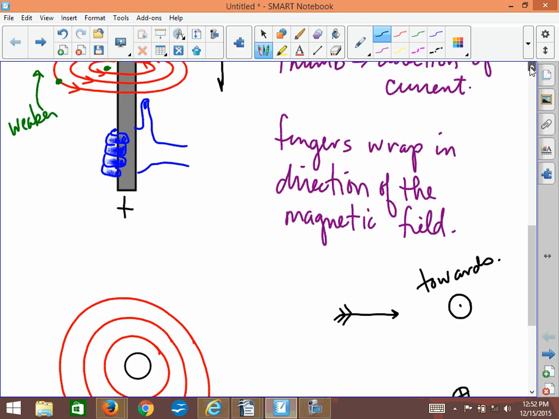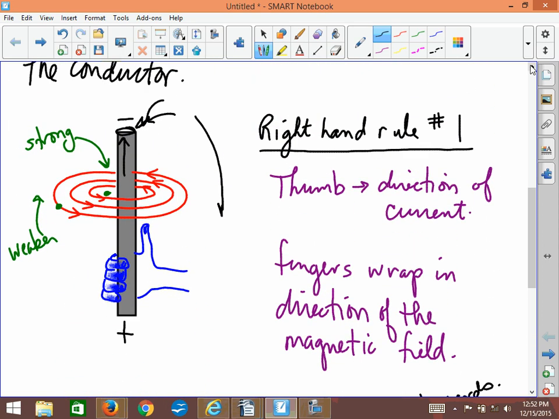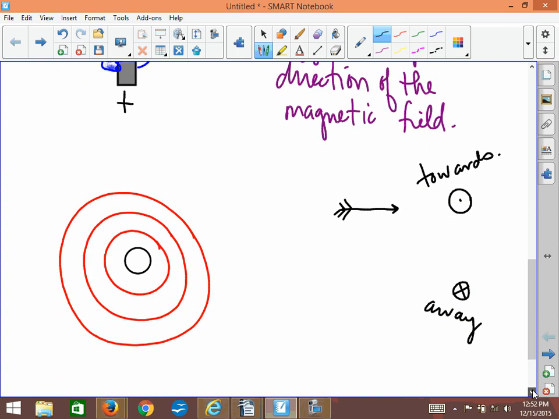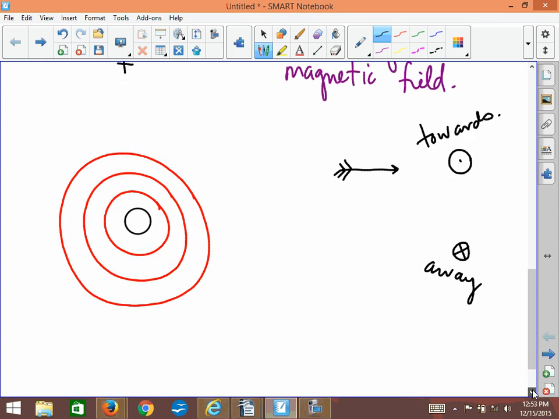If I bend this down and look at the top, I would have electricity shooting out right into my face, wouldn't I? Like bullets from a gun. So this could be electricity coming towards me, so I'm going to put a dot in the middle to show the electricity is coming towards me.